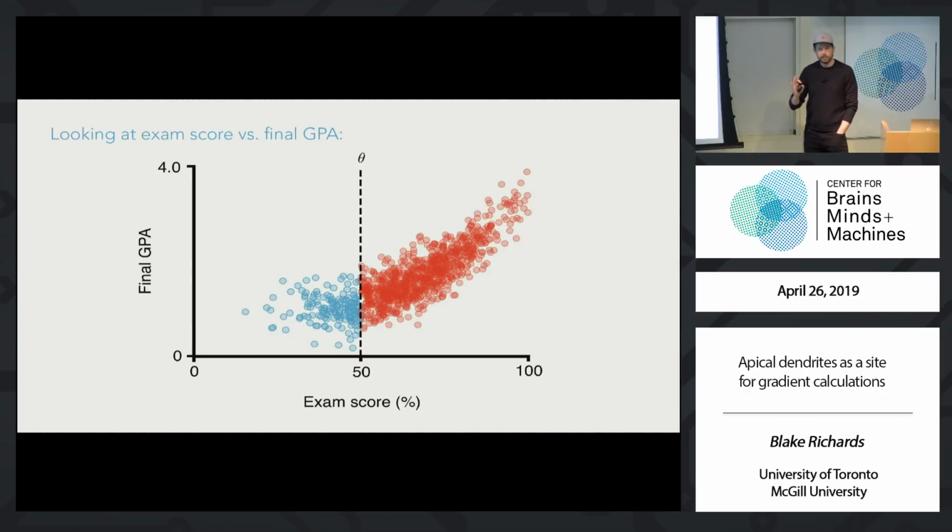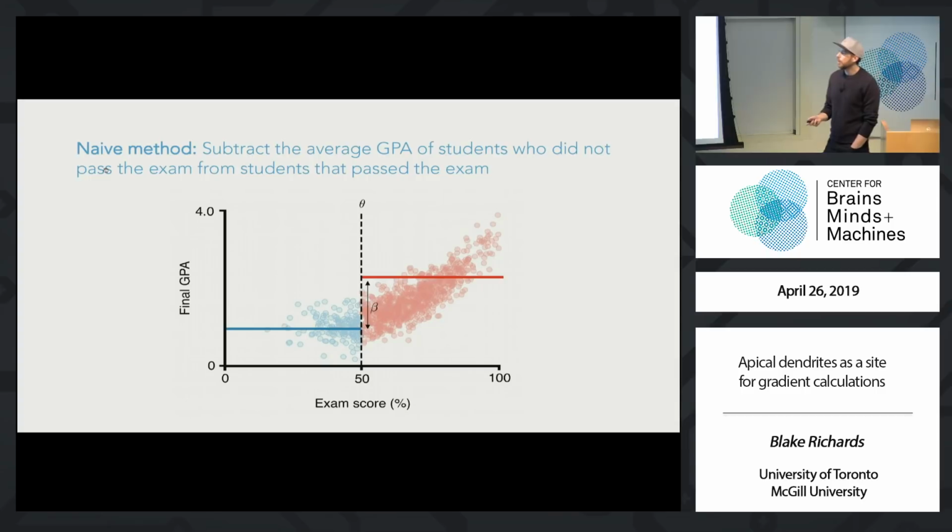And as a result, if we just do the obvious thing to try to estimate the causal impact, taking the average of those who passed the exam and the average of those who didn't pass the exam, we would incorrectly infer a causal impact there when in fact there was none. It's just that there's a correlation between these two variables.